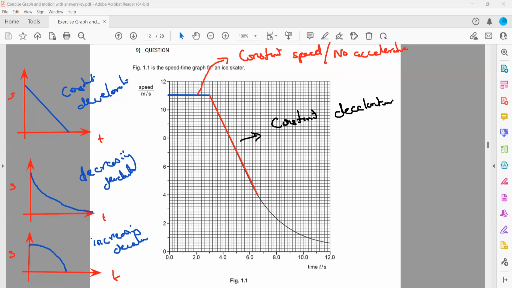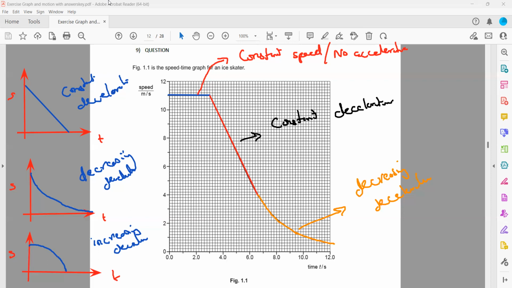But when you check the third part, it is getting curved. Speed is decreasing, but it is getting curved. So what can you say about this part? Decreasing deceleration. Speed is decreasing, but the change in the speed is also decreasing. That's to make you understand how the shape of a graph explains the motion.